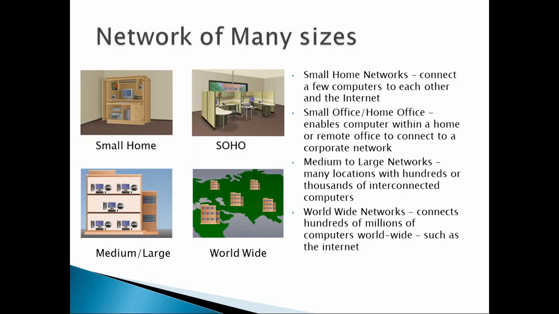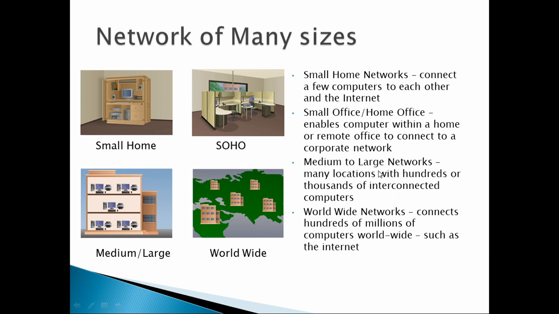Now we have networks based on many sizes. We have networks in our homes, we have networks in our offices, we have large area networks, we have wide area networks. Small home networks connect a few computers to each other, like given in the picture. Then small office or home office networks enable a computer within a home or remote office to connect to a corporate network.